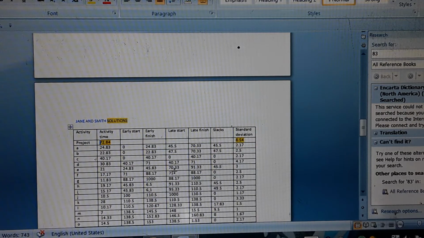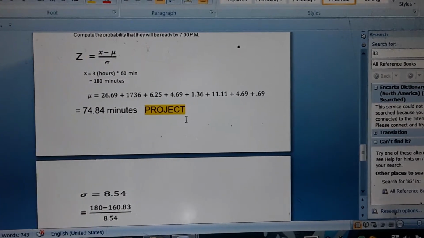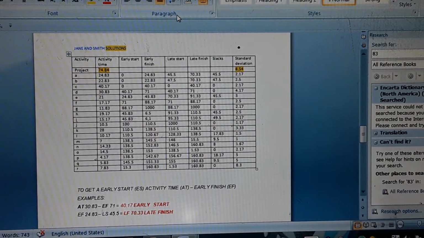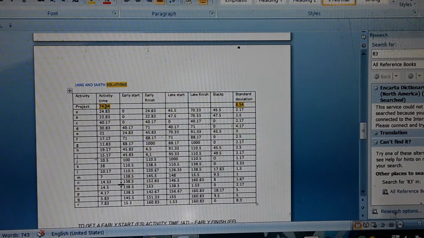To get this, if you can see, all the critical variances were added to get the minutes of the project, which is 74.84 minutes. So that's 74.84, the total of the project. So to get the standard deviation of 8.84, to compute this is also the total added.